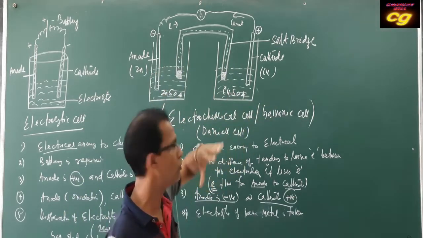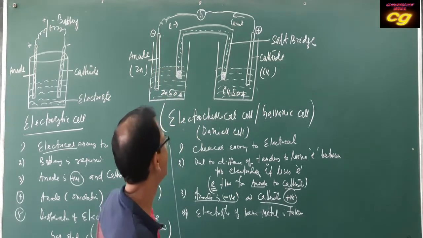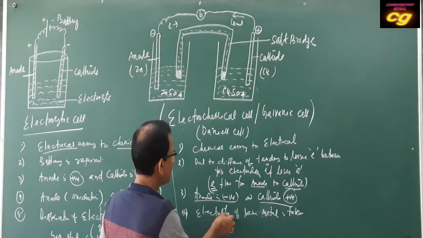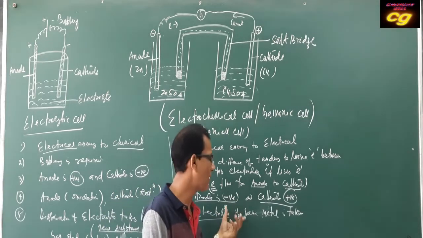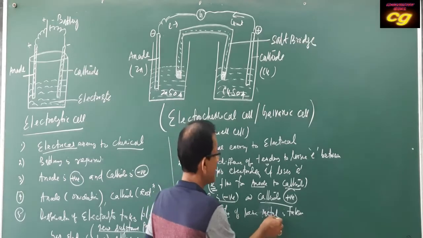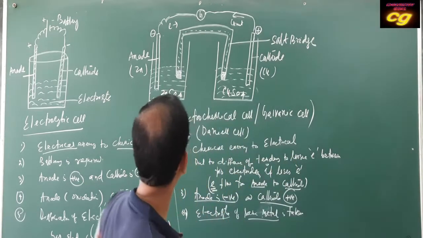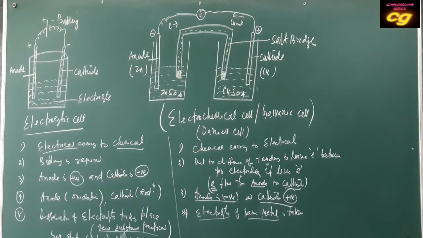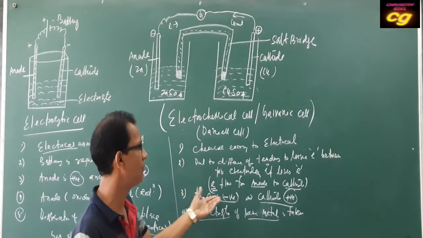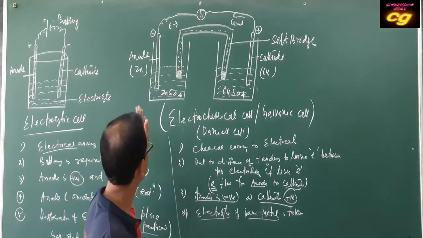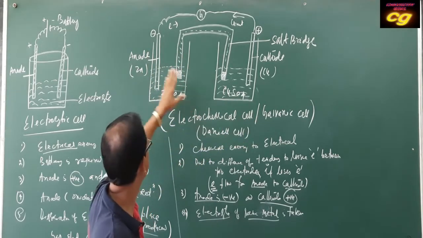So for the electrode used, its electrolyte will be taken. That electrolyte should be a highly soluble salt of the same metal, dipped in the particular vessel. So these are the features of the electrochemical cell. Anode is negative and cathode is positive, and here electron flows from zinc to copper, that is from anode to cathode.